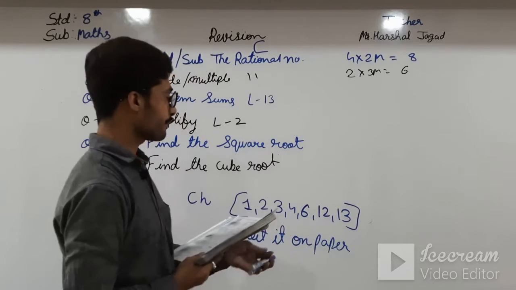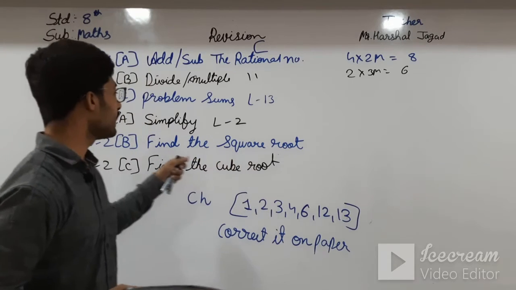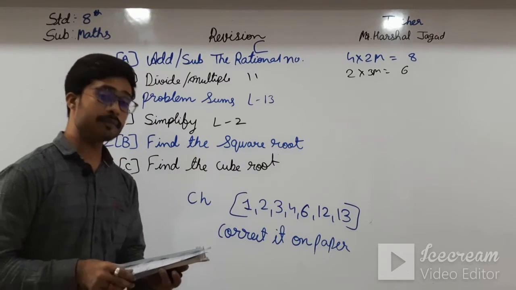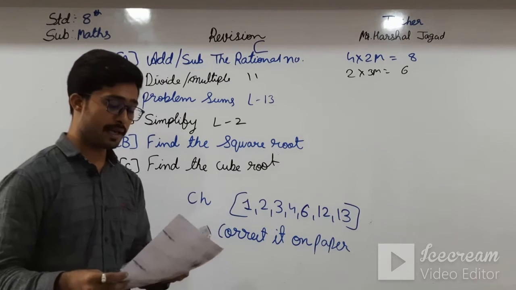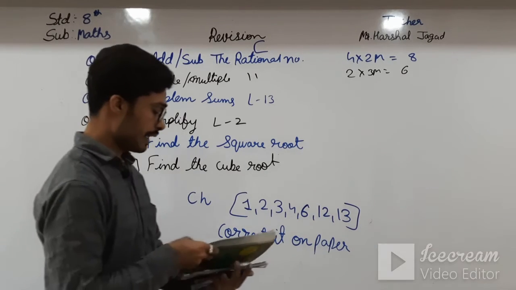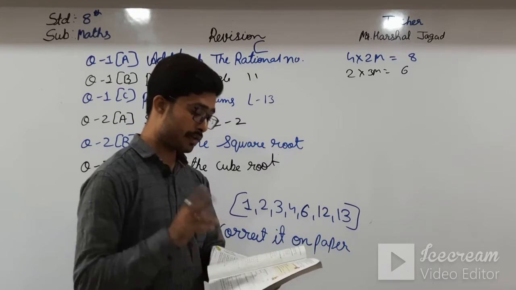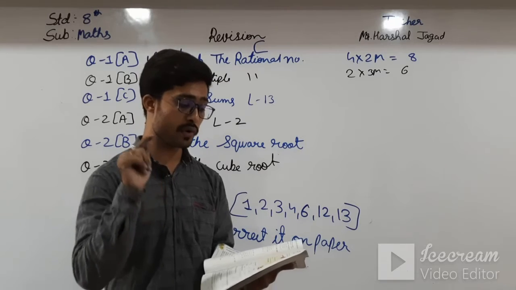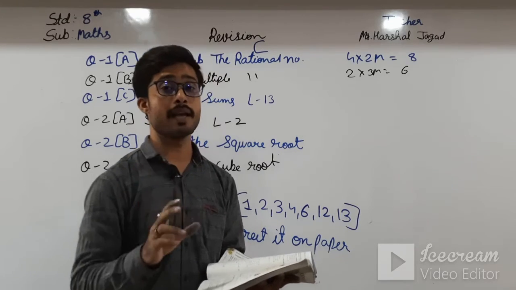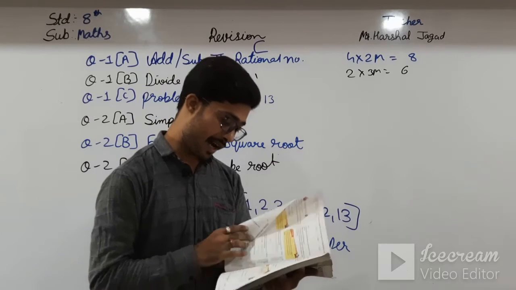Okay students, so from the 3rd chapter, find the square root. From that only, square root is to be asked. You should know which square root can be asked. It is of 2.5 marks, so a long square root is to be asked.